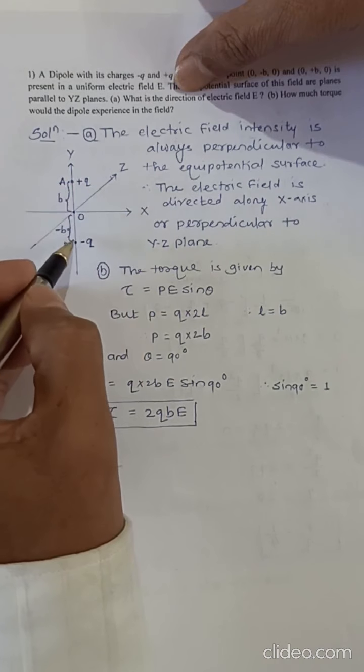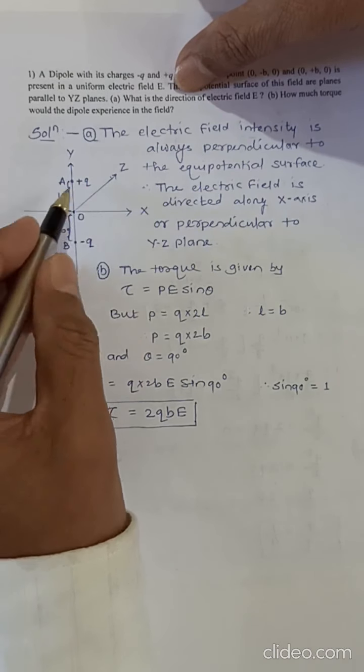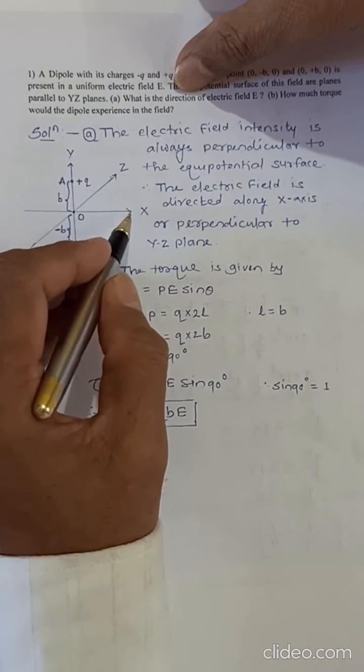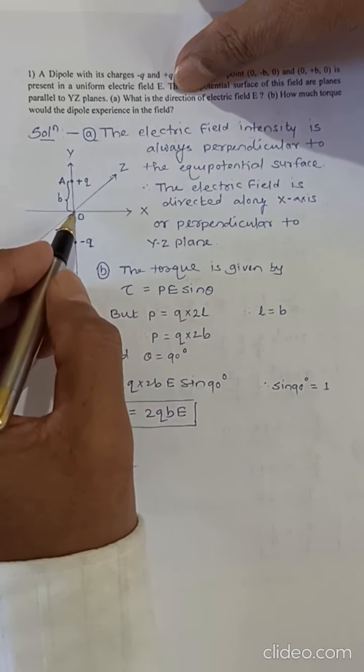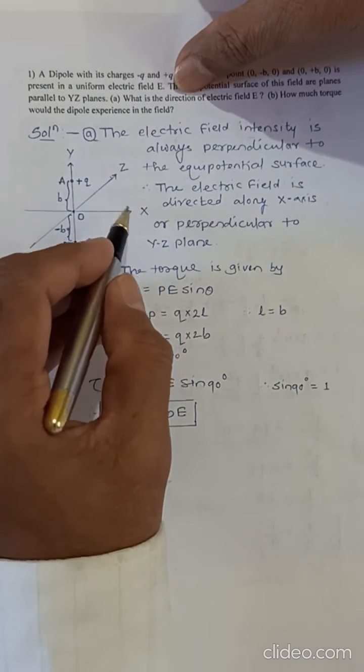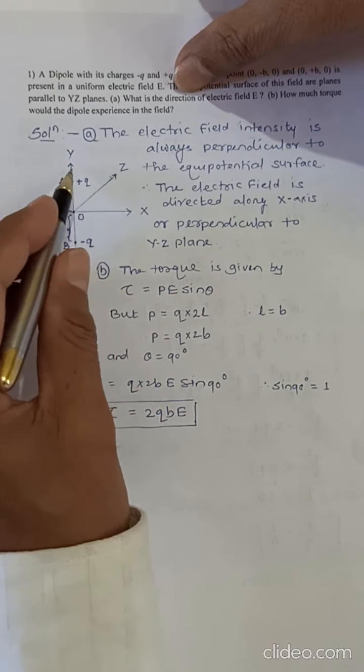AB is the dipole, which is along the y-axis, and the x-axis is perpendicular to the y-axis, and therefore the electric field is directed along the x-axis, perpendicular to the YZ plane.